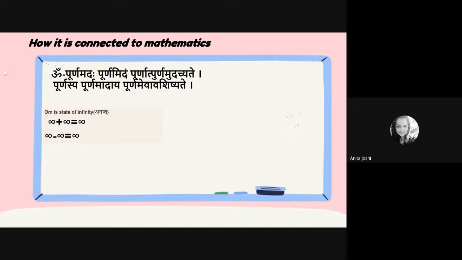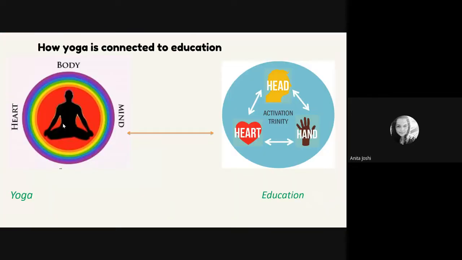So when we add this Purna with this Purna, or infinity plus infinity, we get infinity. And if we subtract infinity from infinity, again we get infinity. This is a very small example of how our mathematics is connected to our culture. Yoga is not connected with any specific spirituality. I don't say that yoga is for Hinduism or anything, but we can connect our mathematics to any other thing as well. This is just an example.